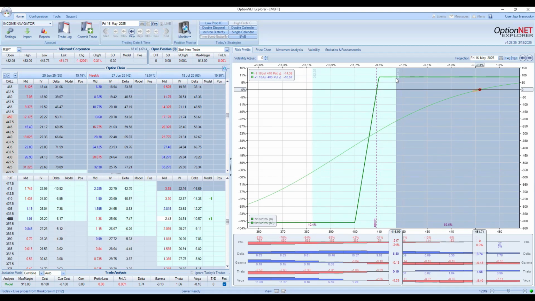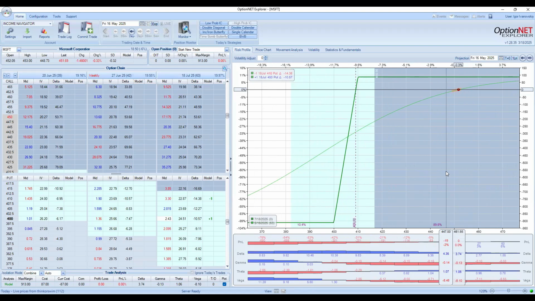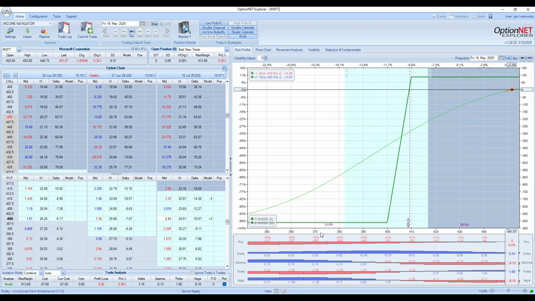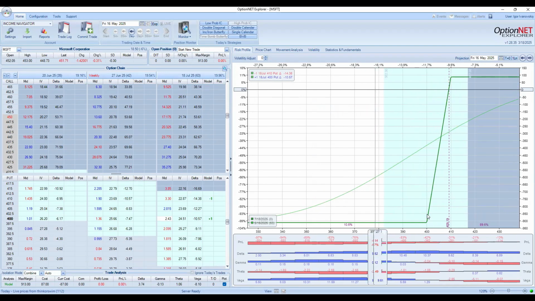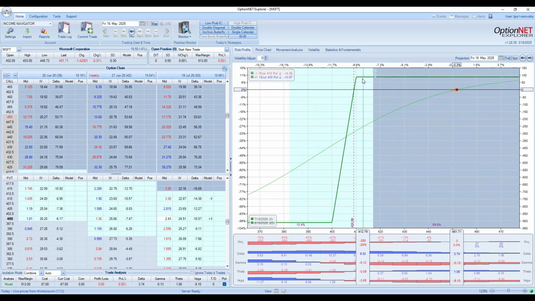If we back out $85 from $1,000, we end up with a loss of $915. That is the most that this put credit spread can lose, $915. I don't care if Microsoft's at 380, at 370, or at 200 at expiration, we cannot lose any more than 915, right?